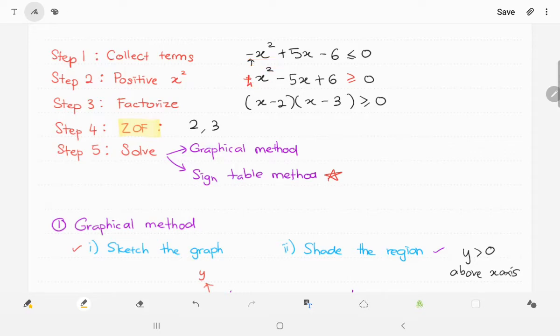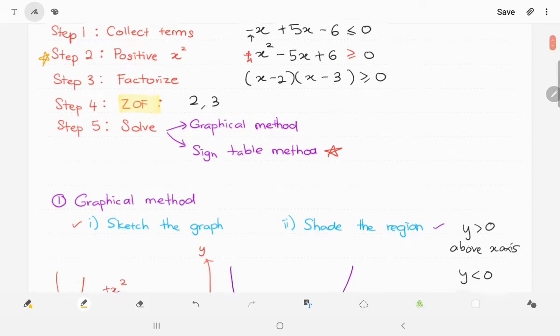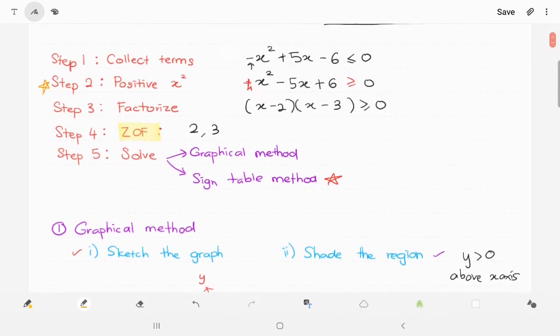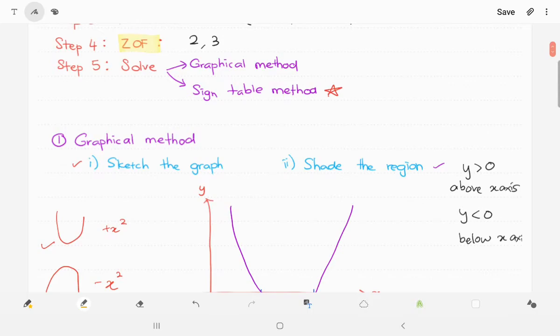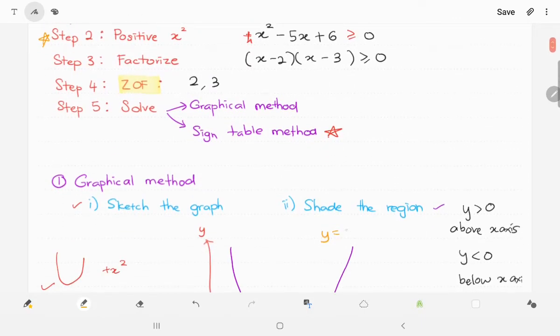So please use the step 2 equation to determine your y. Usually y is the same as the quadratic function. So y is equal to x square minus 5x plus 6. Okay, you already learned it in school.